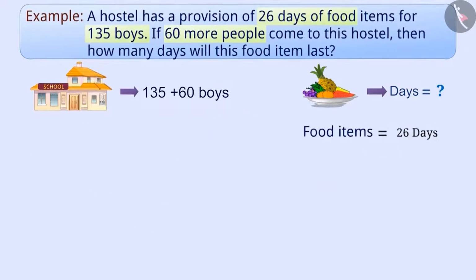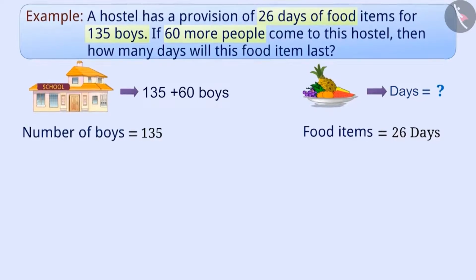The hostel has 26 days of food items for 135 boys. When 60 boys come to the hostel, then the number of boys will be 135 plus 60, which is equal to 195. Let us assume that in the hostel there will be a provision of X days of food for 195 boys.